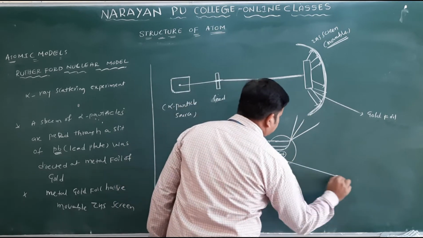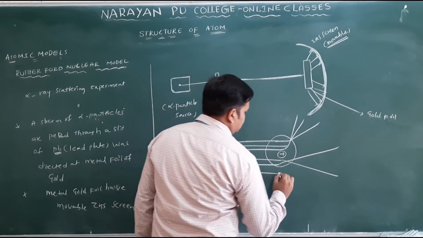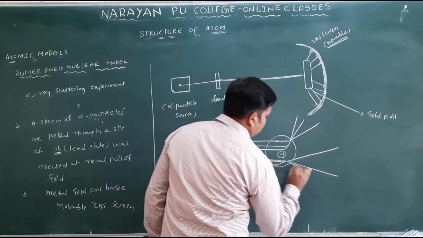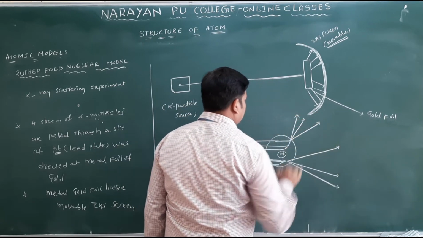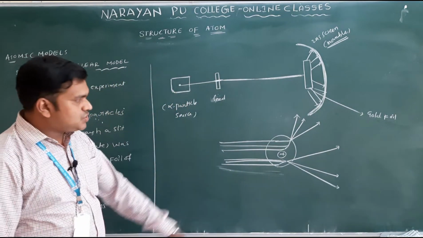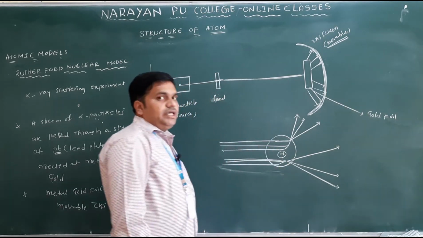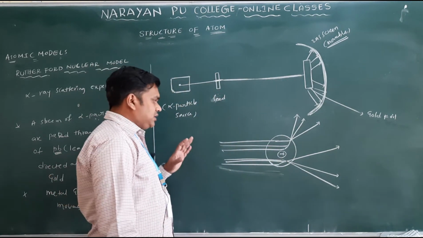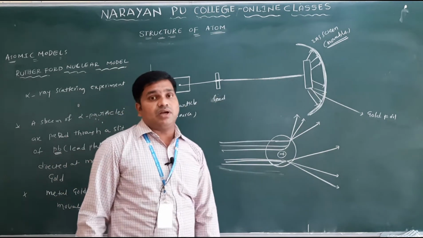Now look at this diagram. This circular, spherical shape is an atom. Here alpha particles are deflected. Whenever the alpha particles move toward the lead plate, what happens here?